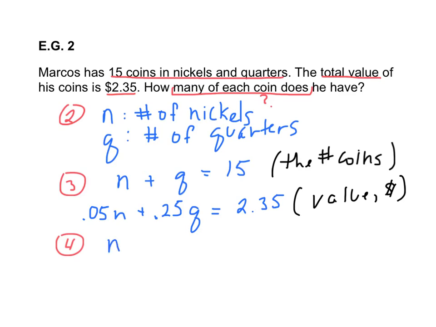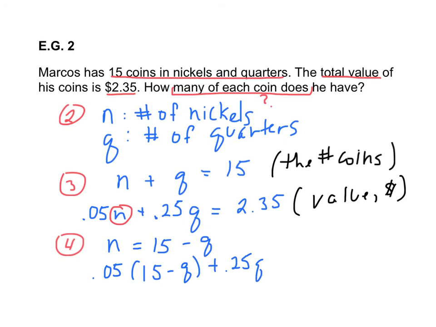So I'm going to have an equation that will say N equals 15 minus Q. And then I'm going to take that and put it into this spot right there for solving. So 0.05 times (15 minus Q) plus 0.25Q equals 2.35, the substitution method.